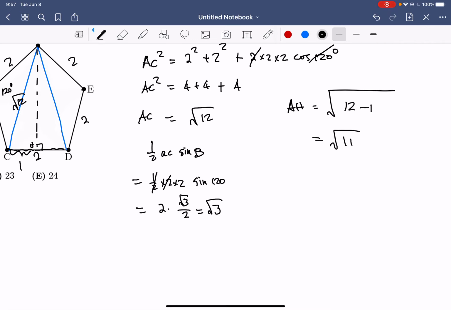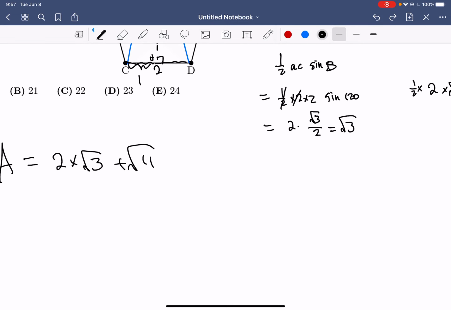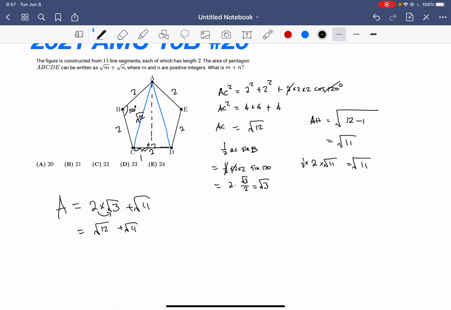The area of ACD would be 1/2 times 2 times square root of 11, which is just square root of 11. The area of the whole pentagon would be 2 times square root of 3 plus square root of 11, and it asks us to put it into a form where there's no coefficient. So let's multiply this 2 in to get square root of 12 plus square root of 11, and 12 plus 11 gets us to 23.